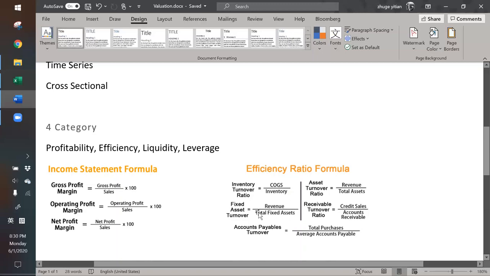The other one is fixed asset turnover, where fixed assets or long-term assets are equal to total PP&E, property, plant, and equipment. The way we use this ratio is that we have revenue forecasted for the future. And then we look into the historical fixed asset turnover. Based on these two numbers, we back-solve the appropriate or required level of fixed assets.